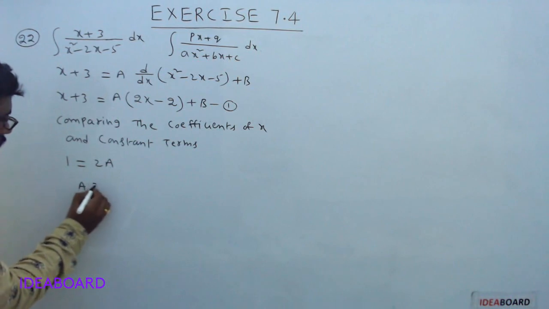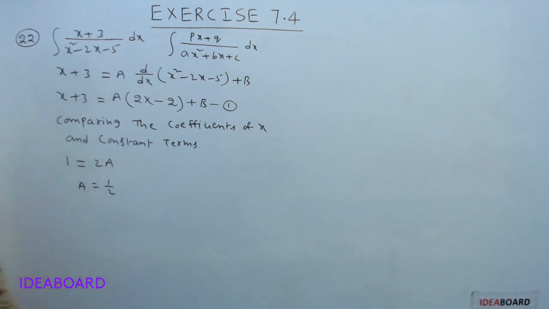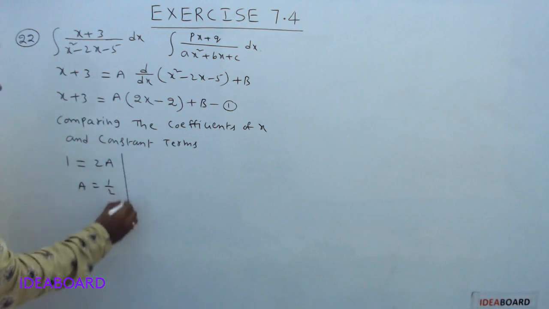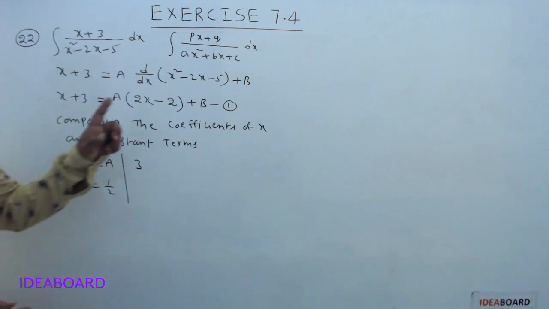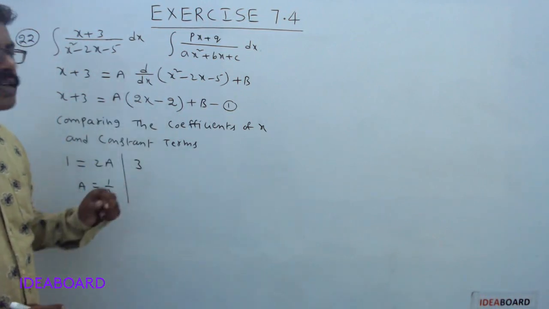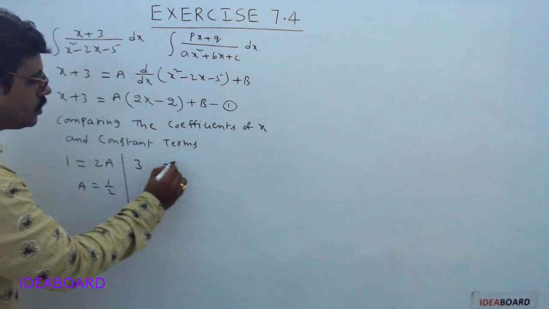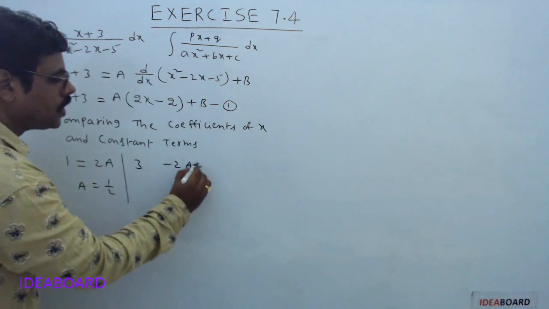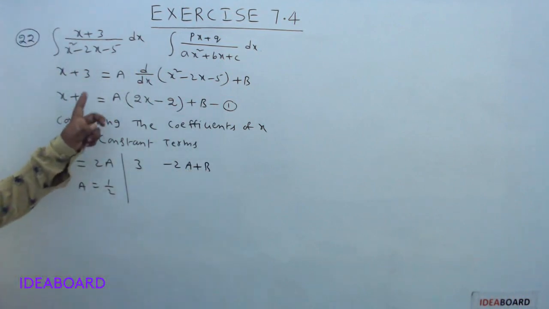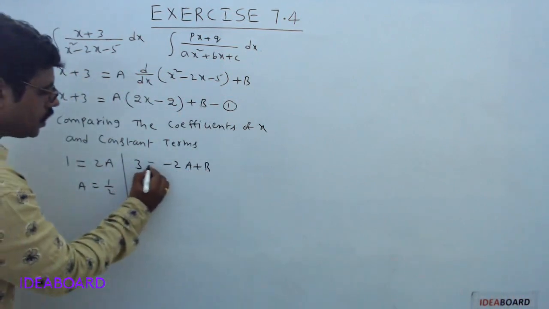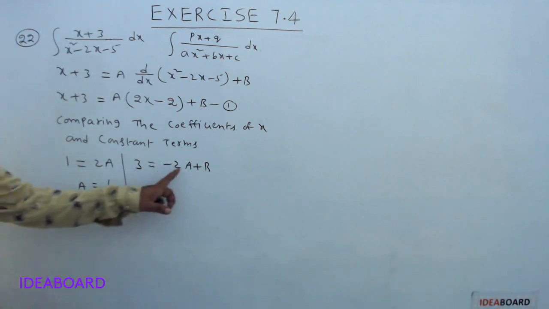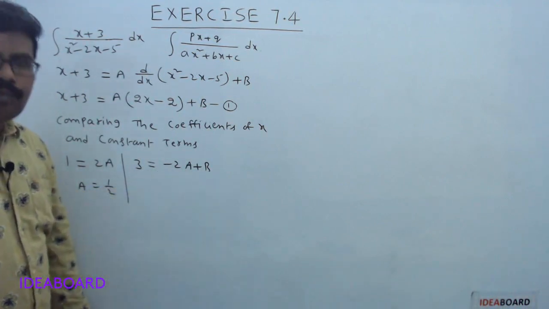So therefore a value is 1 by 2. Next, comparing the constant terms on both sides. In the left hand side, what is the constant term? 3. Now what are the constant terms in the right hand side? This is minus 2 multiplied with a, that is minus 2a plus b. So on comparing the constant terms, you are getting 3 equal to minus 2a plus b.